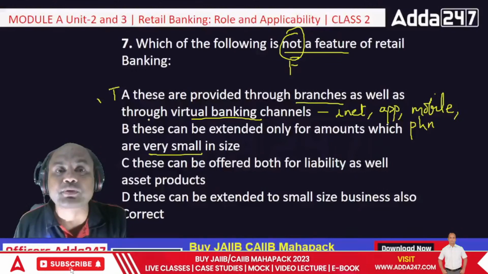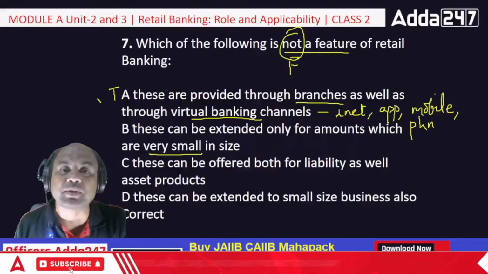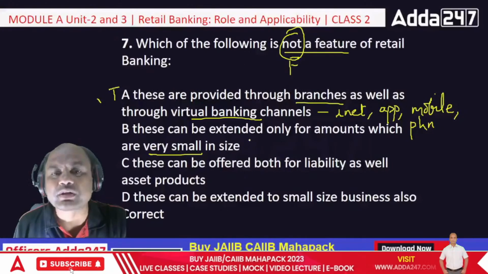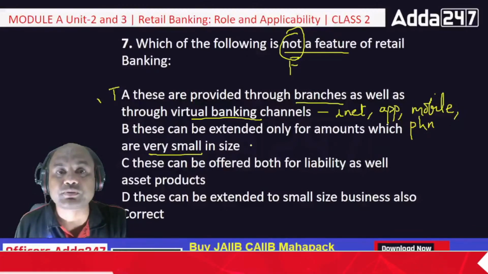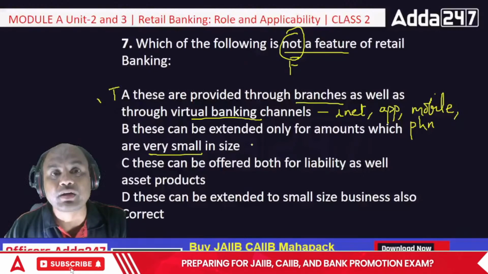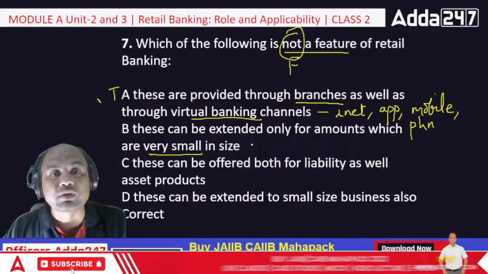You can give a loan up to 1 crore, 2 crore, up to 5 crores also we give in retail banking. Because just tell me one thing, simple. What is the cost of your house in metros roughly? In major metros like Mumbai, even in the outskirts, houses have gone to 1.5 crores and 2 crores.